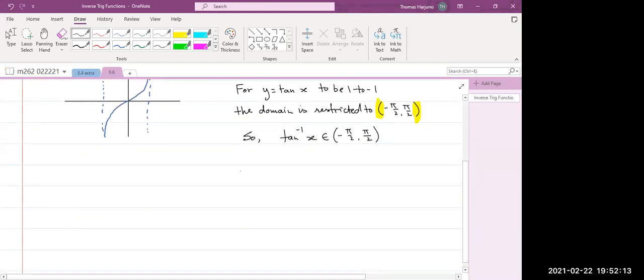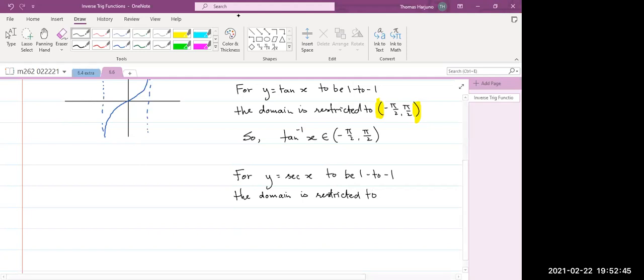Lastly, for y equals secant x to be one-to-one, the domain is restricted to... let's say first, what does the graph of secant x look like?